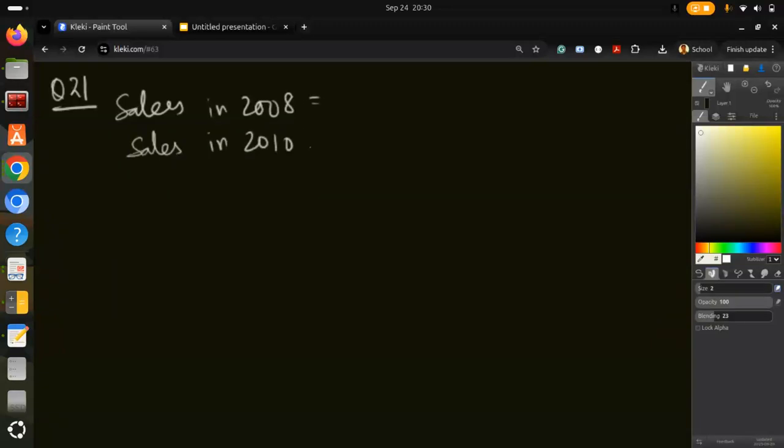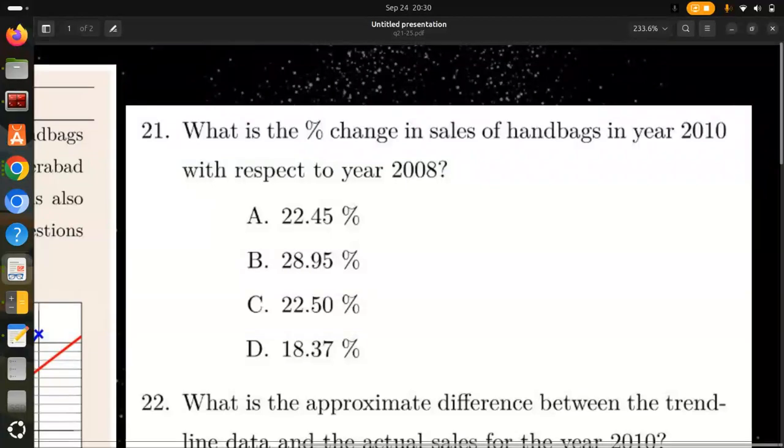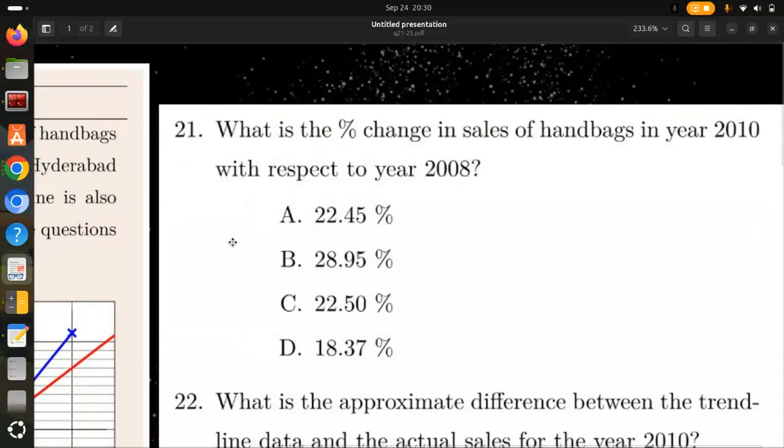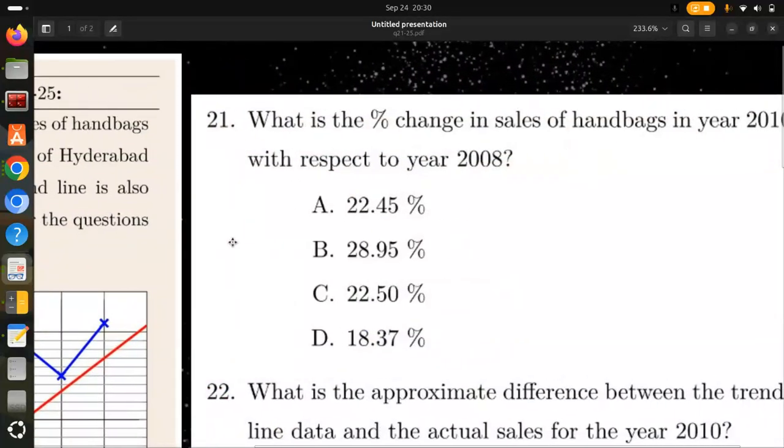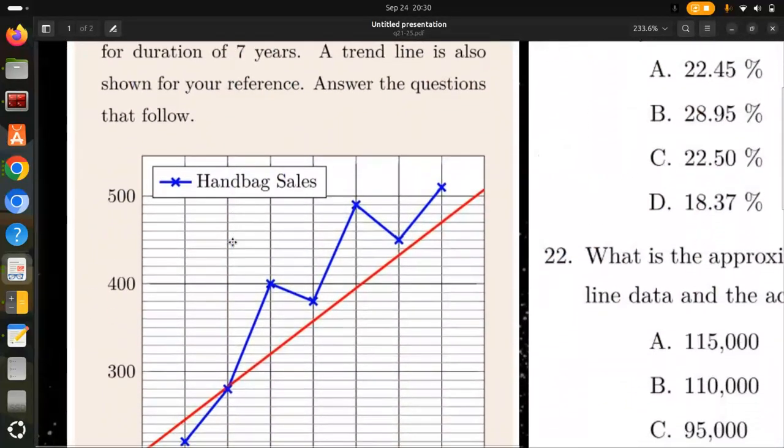Here we should assume that sales of handbags means we are comparing the number of units, because the cost of the handbag is not given. So let's assume that.